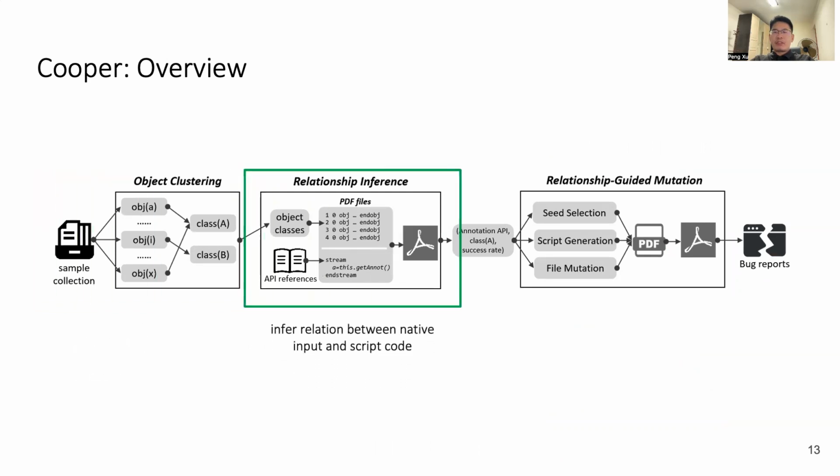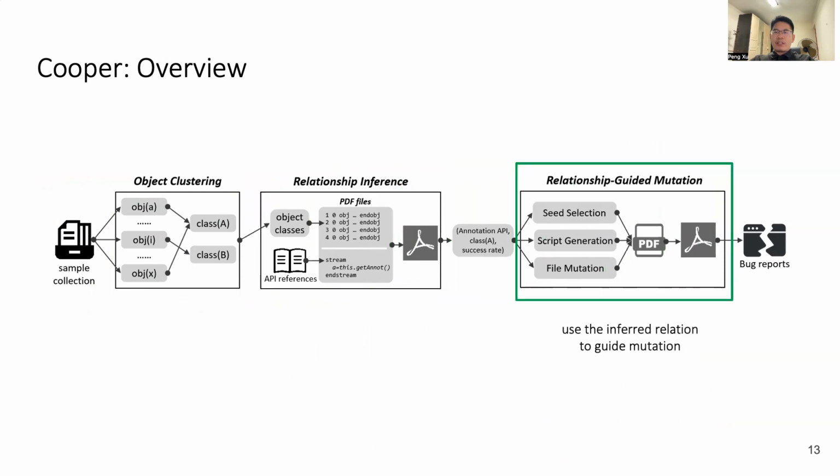This is the purpose of the second component, relationship inference. This component uses a statistical method to infer the relationship. Finally, we come to the third component, relationship guided mutation. This component uses the inferred relationship to guide mutation. Then I will show all components in detail.